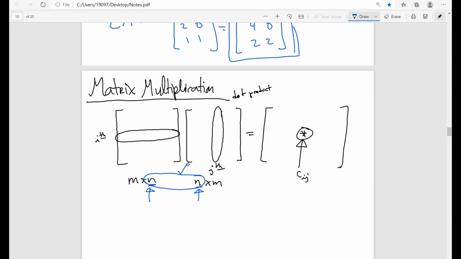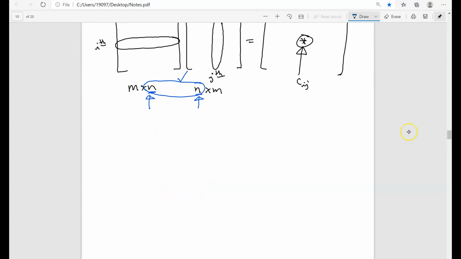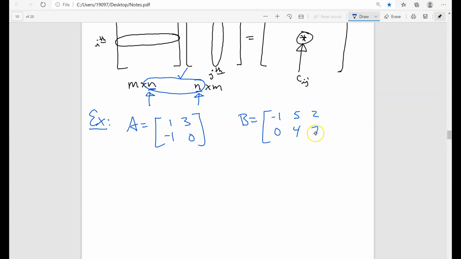And you'll immediately know once you start doing the problem. So let's say, I'm going to give you an example just to showcase this. So let's say A is equal to 1, -1, 3, 0. And then you have B is equal to -1, 0, 5, 4, 2, and 7. So let's say you have something that looks like that.